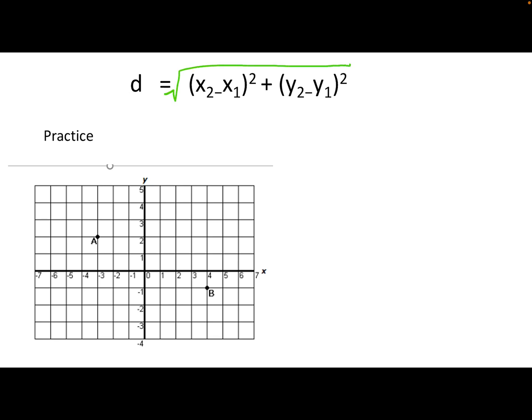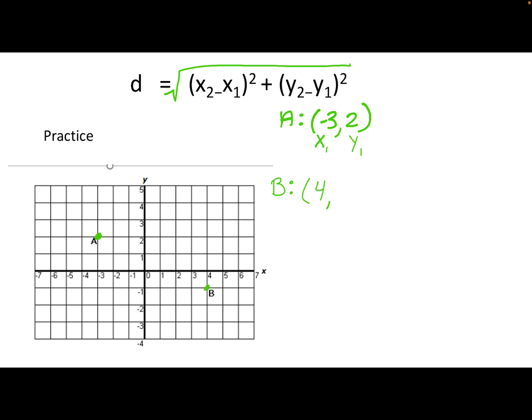Okay, so let's take a look at this practice problem. I'm going to get you started, and then I'm going to see what you can do with it. First we need to get the coordinate points for A and for B. A is right here. It looks like we went -3 to 2, so I'm going to label that x1, y1. B is over here.